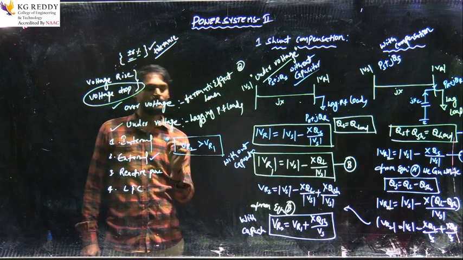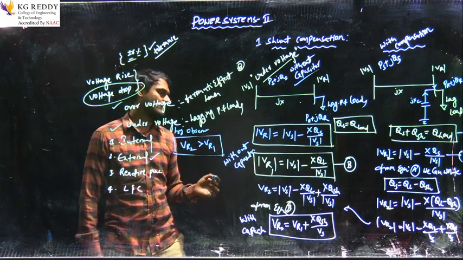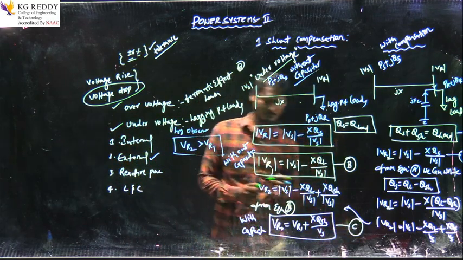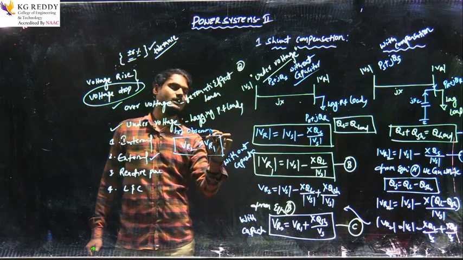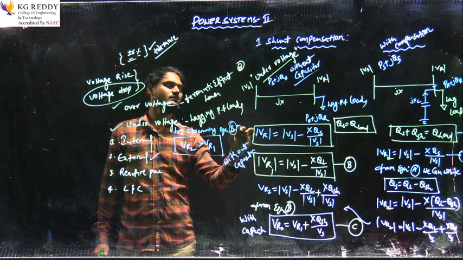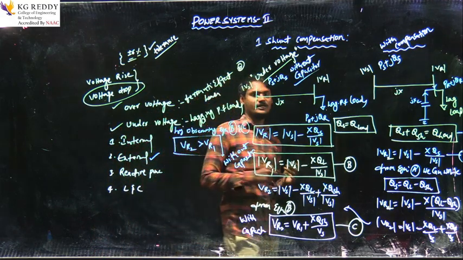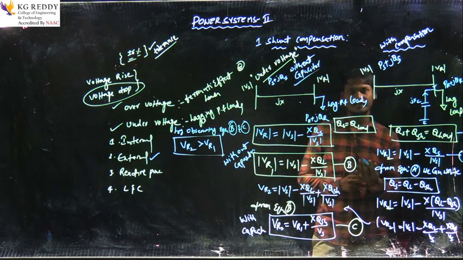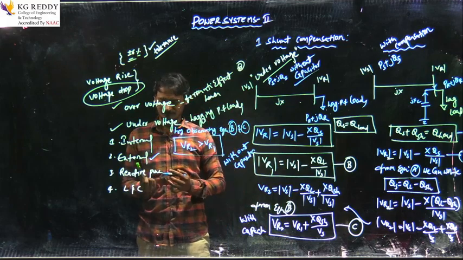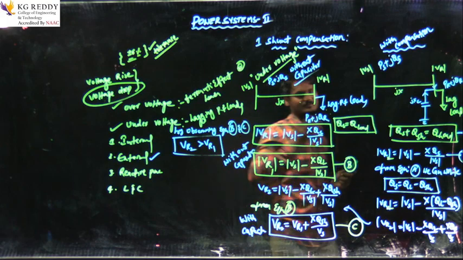By observing equation B and equation C, we can conclude that the receiving end voltage with compensation is more than the receiving end voltage without compensation. It is very clearly understood that the voltage profile has increased.